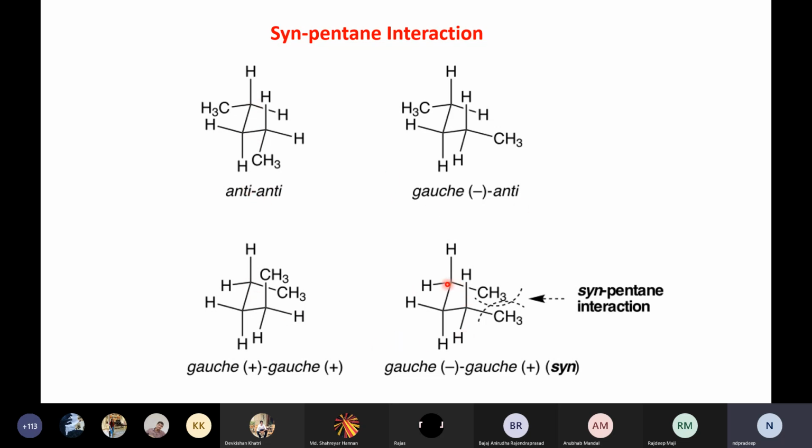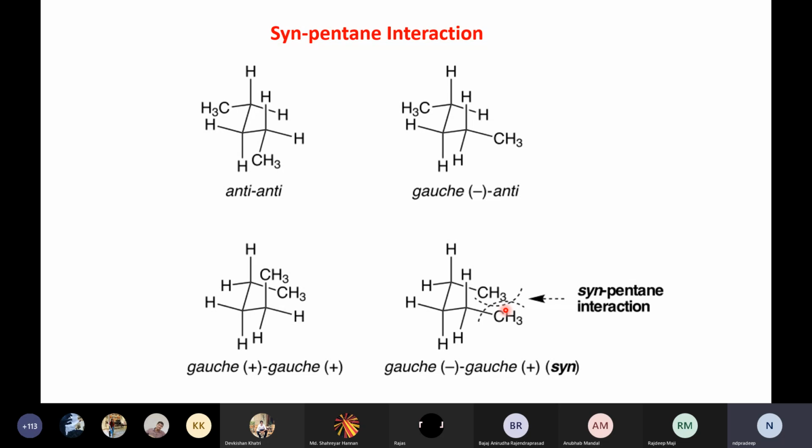When you draw this gauche form, this is CH3, CH2, CH2, CH2, CH3. If you draw it like this, you see there is a nice interaction between a methyl and the methyl of the ethyl, which we were not able to see before. Those two methyls show a very strong interaction, and we know that methyl interaction energy is around 3.53.